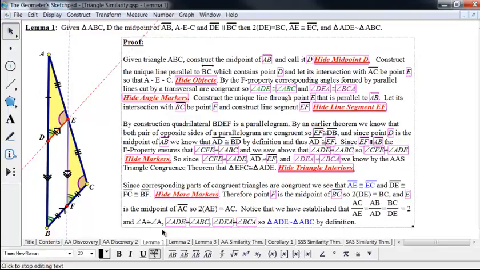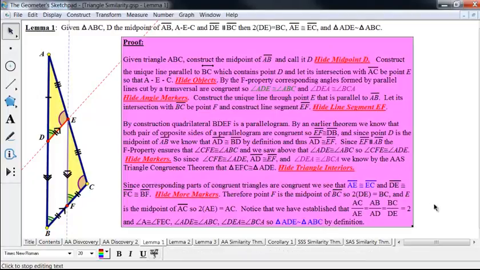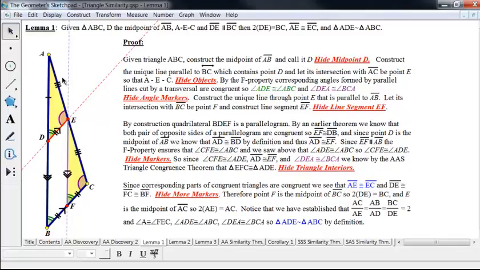This one should be FEC. Okay, and so we get all the corresponding angles congruent.